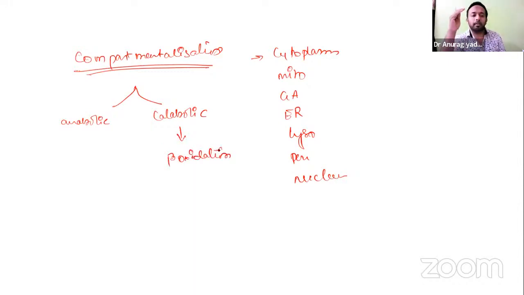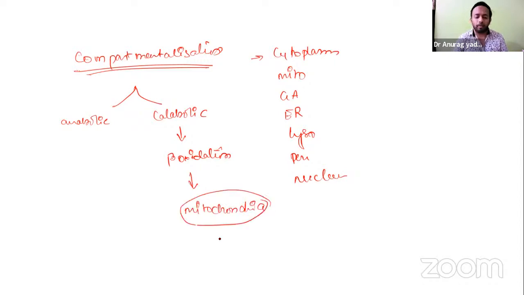Beta oxidation is nothing but breaking down of long chain fatty acids in the body for energy purposes. What is the location of beta oxidation? Mitochondria. Beta oxidation occurs in the mitochondria because all the enzymes required for beta oxidation are present in the mitochondria.